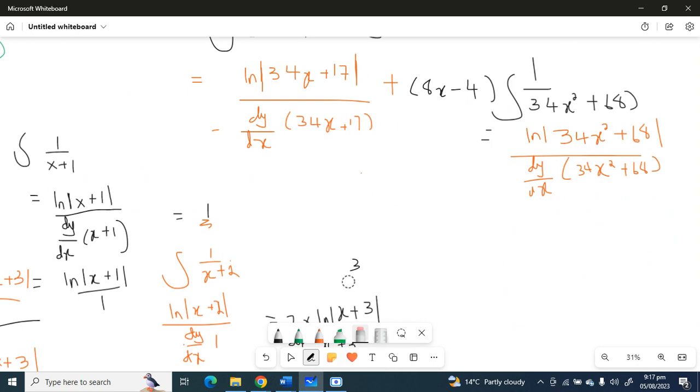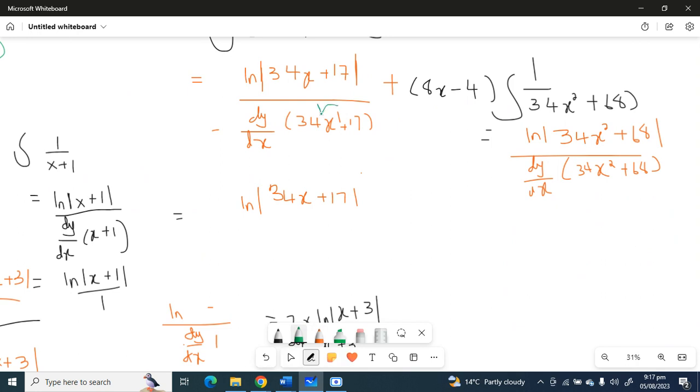So on this side, we're going to get the natural log of 34x plus 17. Right, then here we have to derive. So 34x, this is x to the power 1. We said the exponent you multiply it by the coefficient.